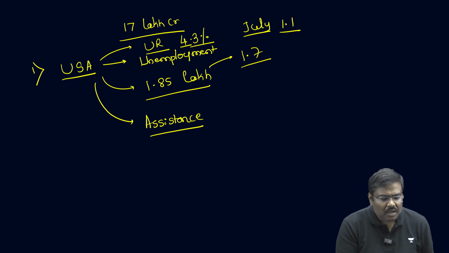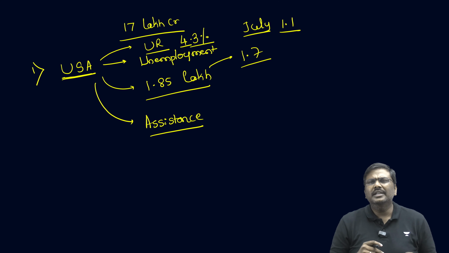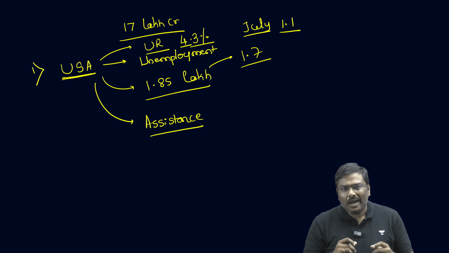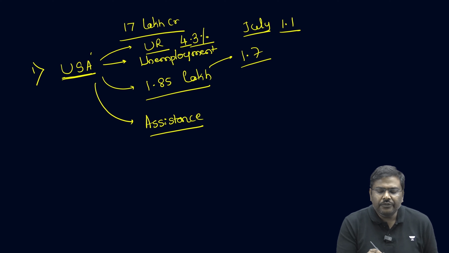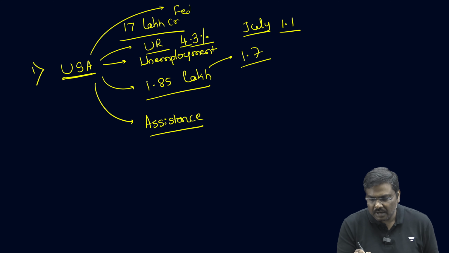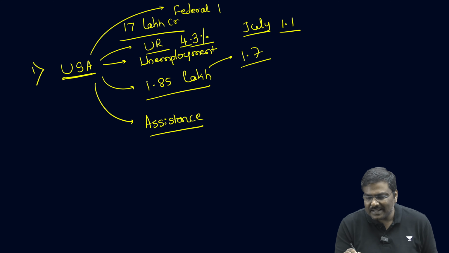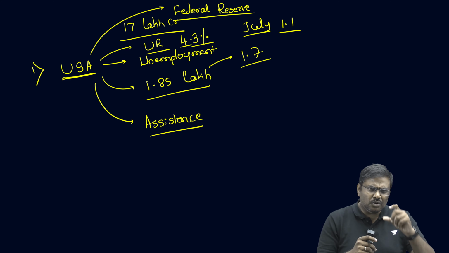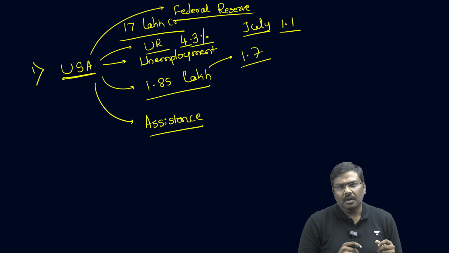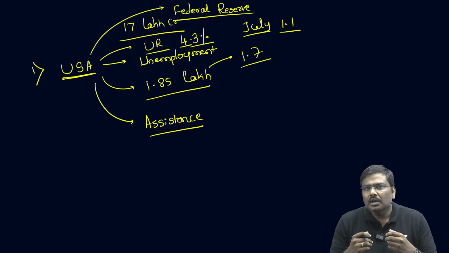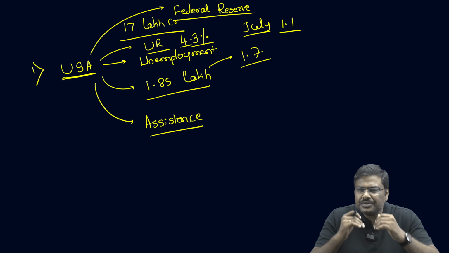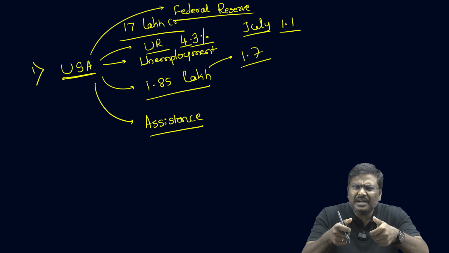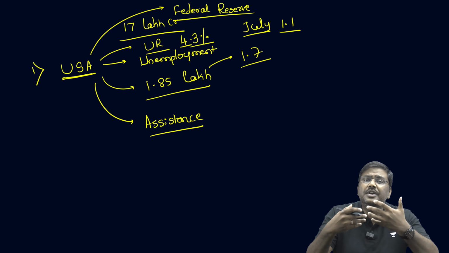In addition to this, regarding the USA market, there is also one more concern, and that particular concern is the Federal Reserve. The Federal Reserve, that is the Central Bank of USA, was expected to reduce the interest rates. The expectation was the interest rates will be reduced and this will provide an impetus. It will promote production.